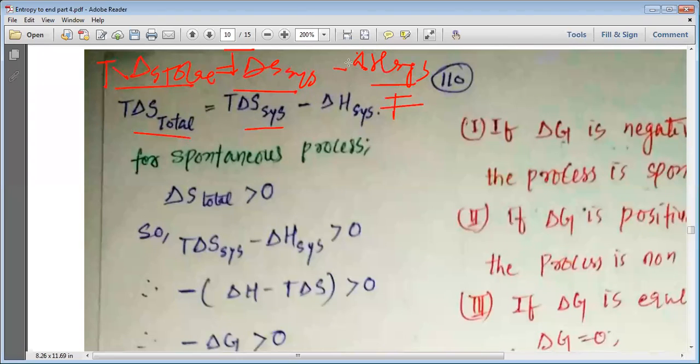This T and this T can be removed, and we can write minus delta H system. So for spontaneity, my dear students, this delta S total must be greater than 0, and that is why T delta S system minus delta H system should also be greater than 0.